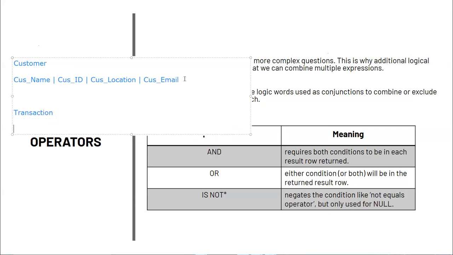Transaction, please follow me. And then here we would have a transaction ID, transaction date, and a transaction amount.